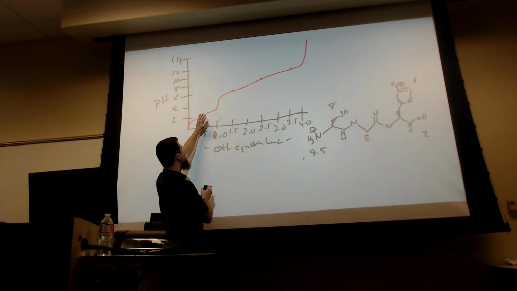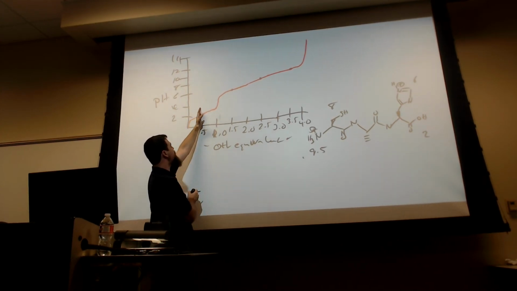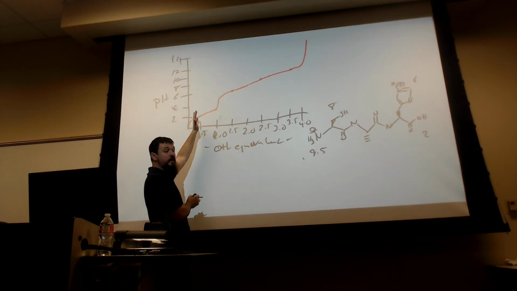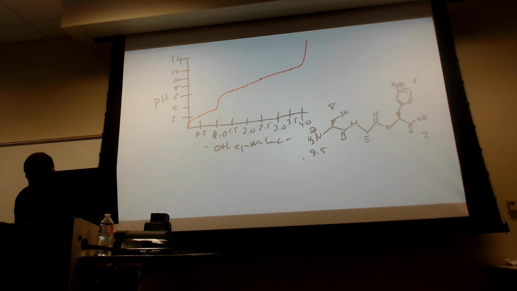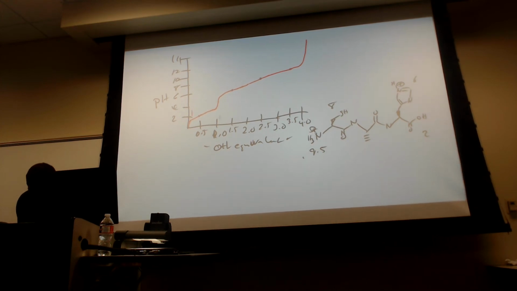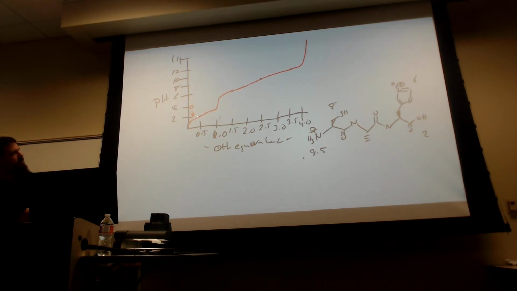Now, the important thing about this is for each of these pKa ranges, this is telling you, okay, if we're below the pH of a pK, what do we know? That it's going to be in its protonated form, right? So here we would say, oh, this is where this functional group here is neutral, right? Then when we get above this pK point, what's going to happen?